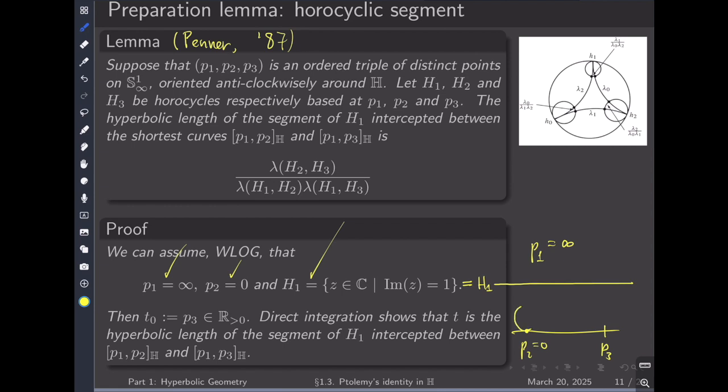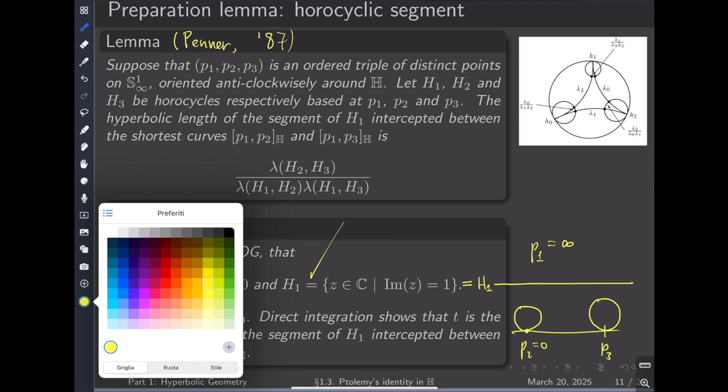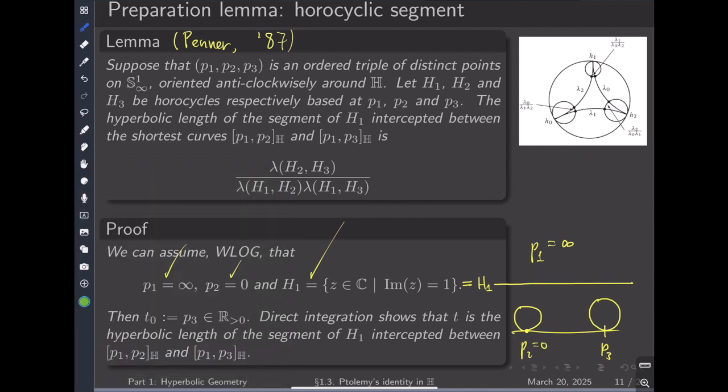I'm still going to work with the picture where the horocycles don't cross each other, just to have the picture be the least complicated possible. Let me draw the geodesics.